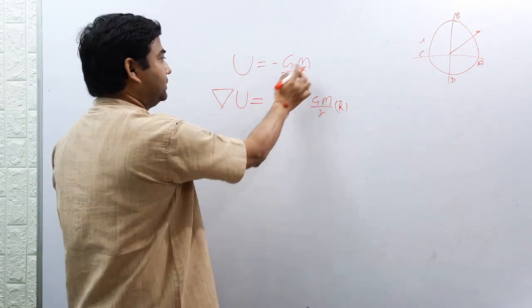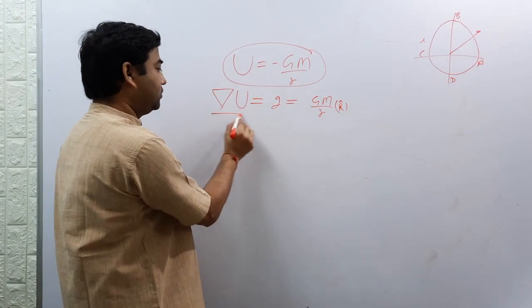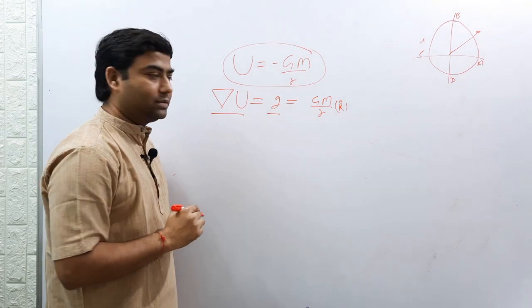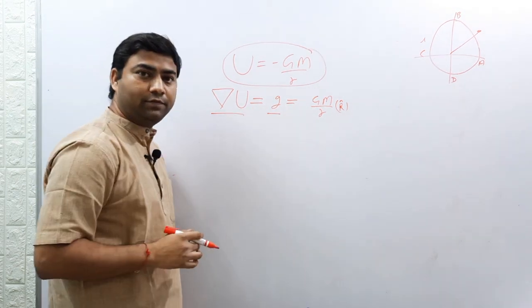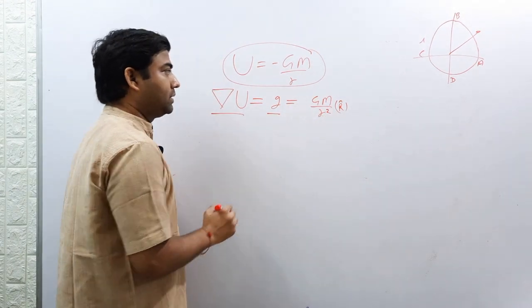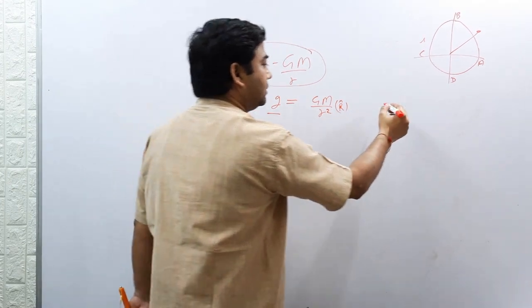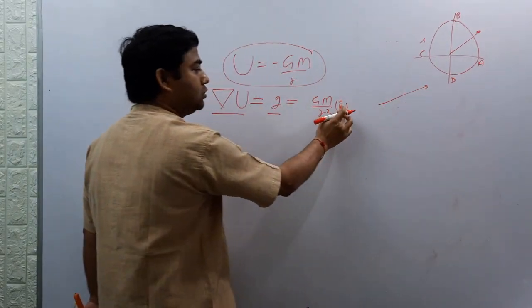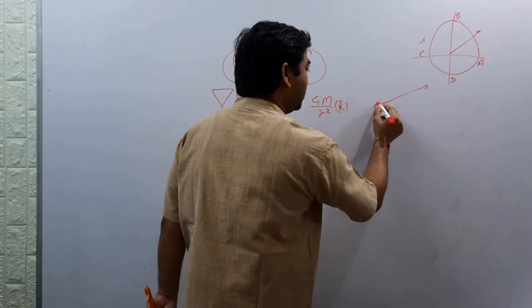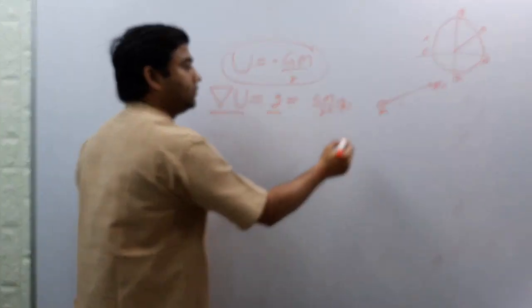So the grad of this potential energy function, which is a scalar function, in the earlier example was equal to the gravitational field. That gravitational field was represented as Gm by r square, and the direction was along the radius, and this is the unit vector along the general point P from mass m.